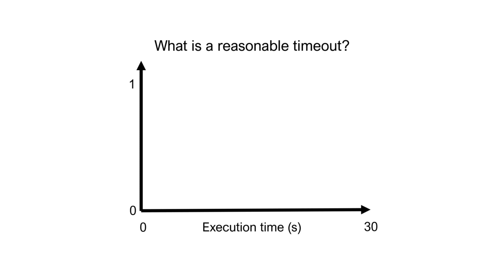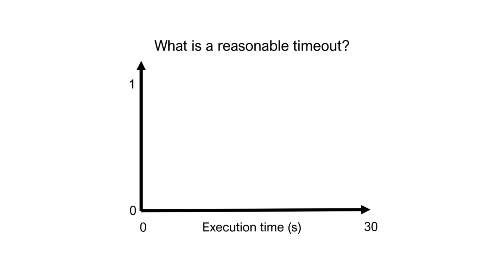You will see here as the feature under consideration execution time on the x-axis in seconds, and on the y-axis you will see a binary variable. It will either be 0 or 1, representing whether or not, based on some qualitative analysis that you have done, this test case execution should have been flagged as a timeout. So remember, this is an example of supervised learning, which means we have some label data available.